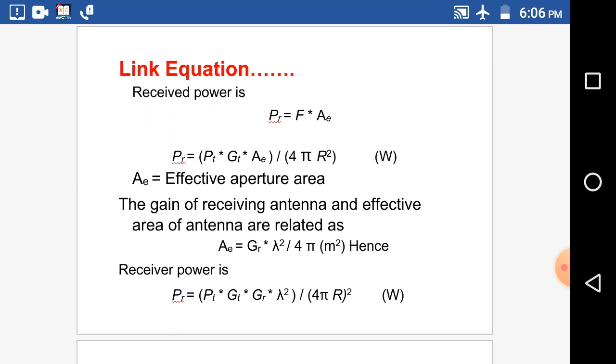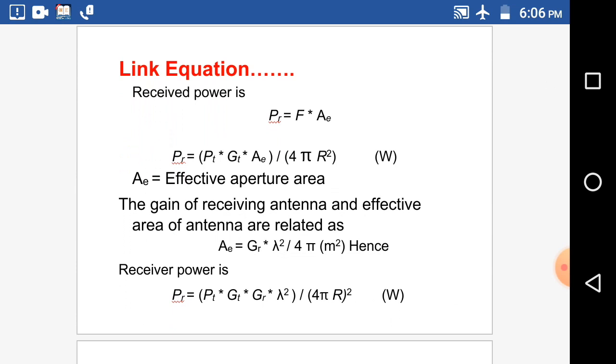Now, the question comes to mind: what is the actual power received by a receiving antenna? That power is denoted by PR, which is equal to the flux density F times the effective area of the antenna, that is A. Flux density is also known as power density.